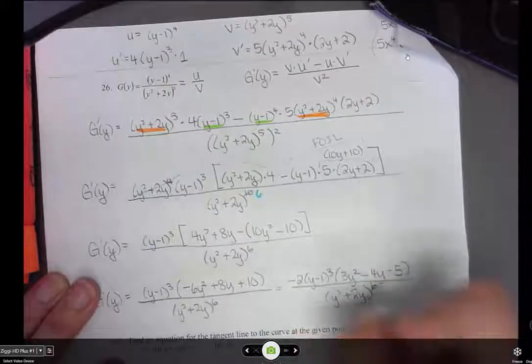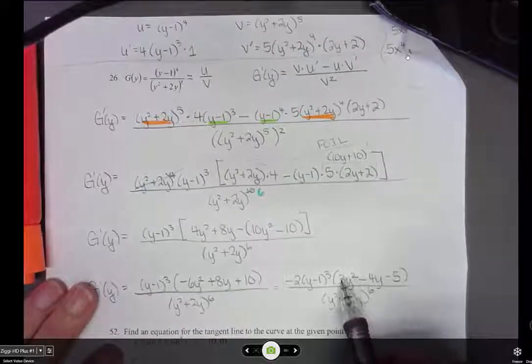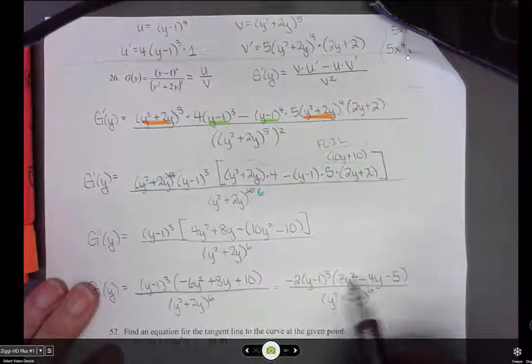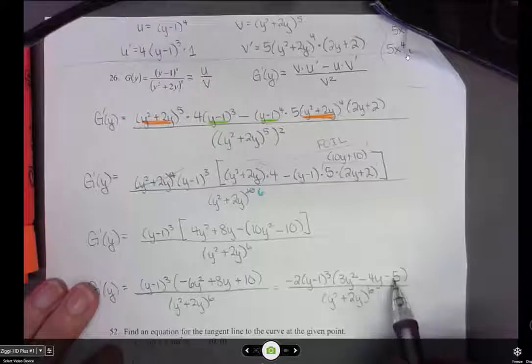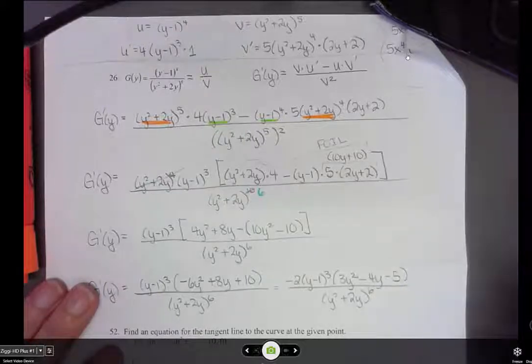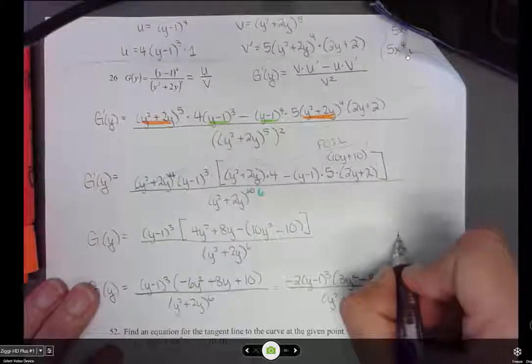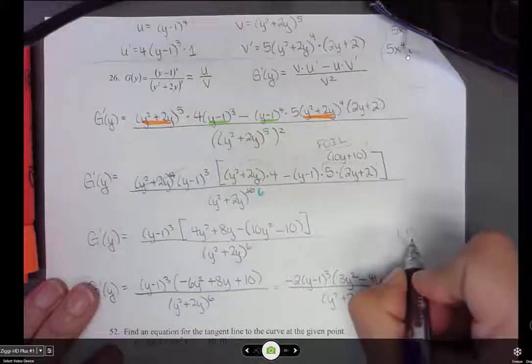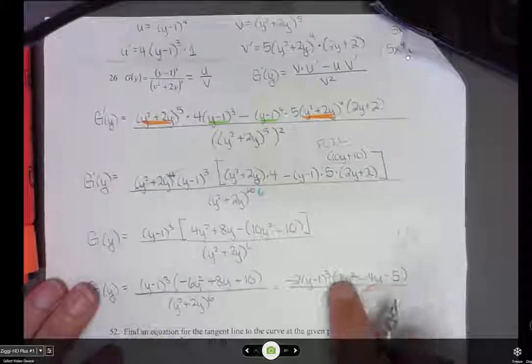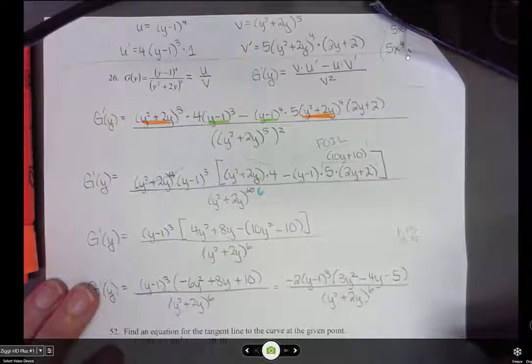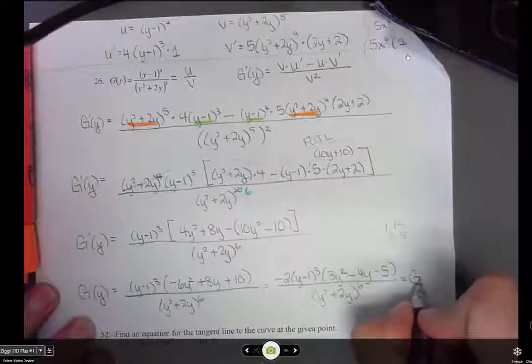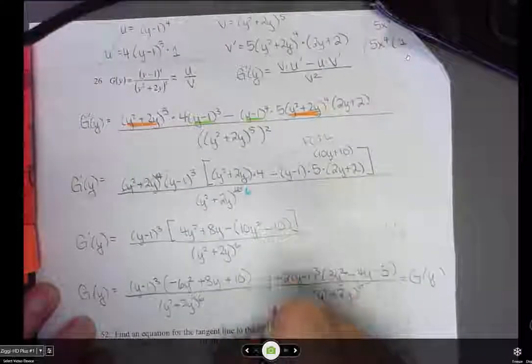And I don't think this will factor. 3 times negative 5 is negative 15, and you can't get factors of negative 15 to add up to negative 4, because it's just 1 and 15 and 3 and 5. So there's no way to get a 4 from those. So this won't factor. This is as much as we can do to simplify that.